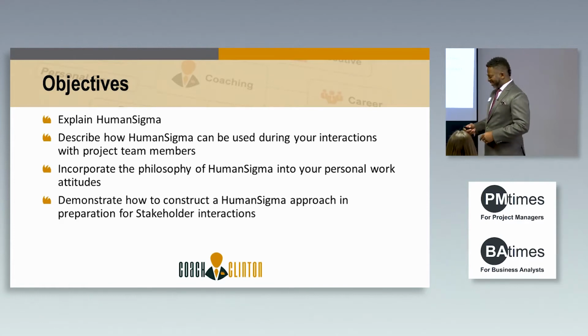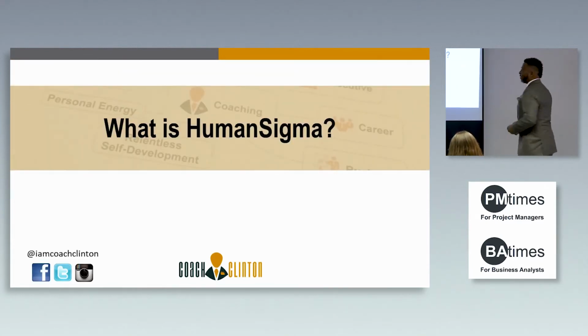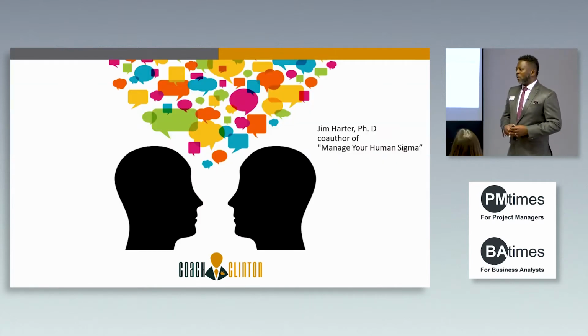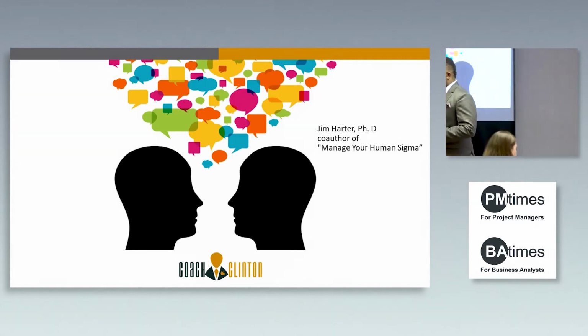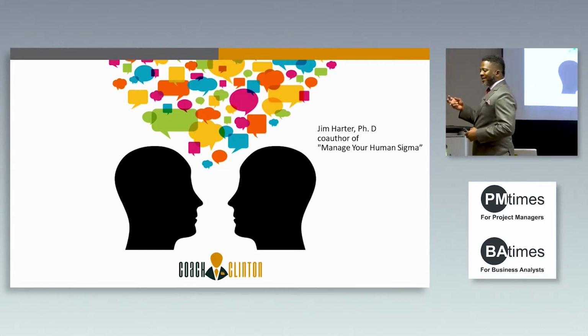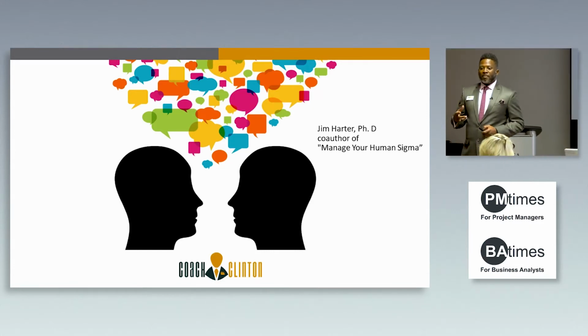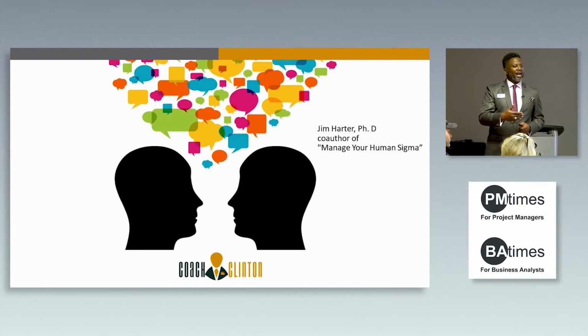Awesome. All right, so first of all, what is HumanSigma? Well, when I did a little bit of research about it, HumanSigma is basically, you guys familiar with Six Sigma? Yeah. So HumanSigma is where you study the interaction, from a company standpoint, between your employee agent and the final person.